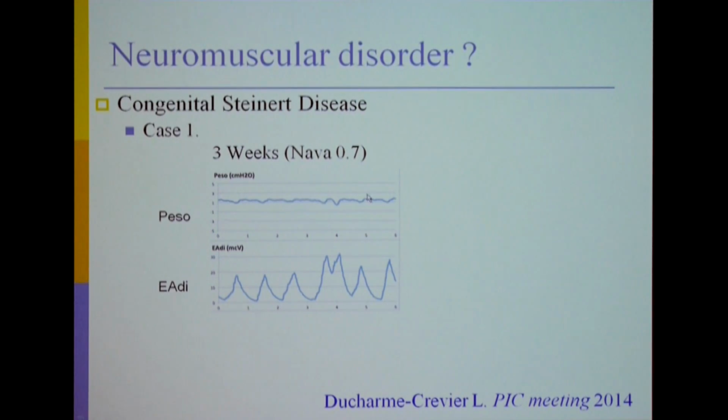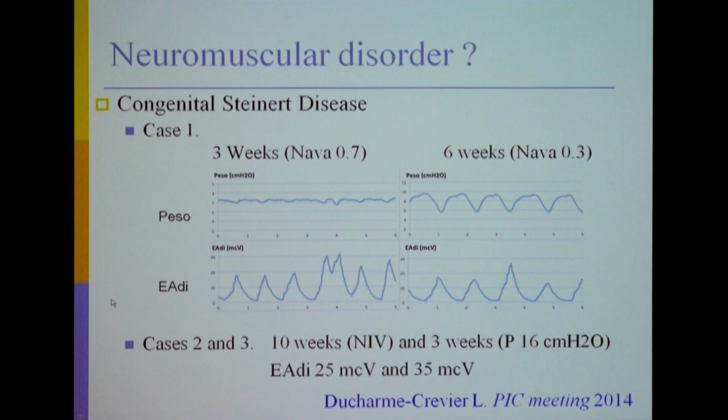What we observed just before extubation was that she had no effort at all on the esophageal pressure. So we realized that this patient, with 20 microvolts of EAdi, was not developing any effort. And so we weaned her longer, trying to maintain a higher EAdi.